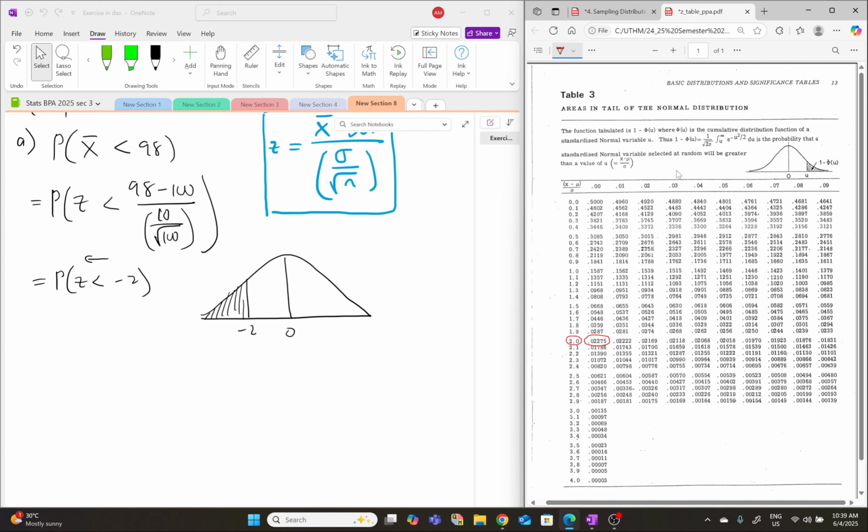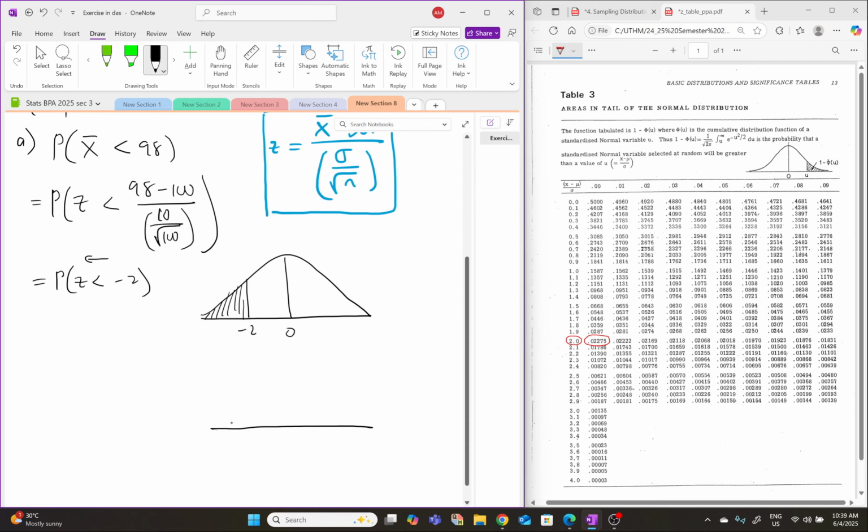Your table always nilai-nilai ni semua adalah ke kanan. So apa kita buat, kita switch. Remember, kalau you nak bawa number ni ke sini, dia jadi tukar sign positive, and shaded part is on our right hand side now.